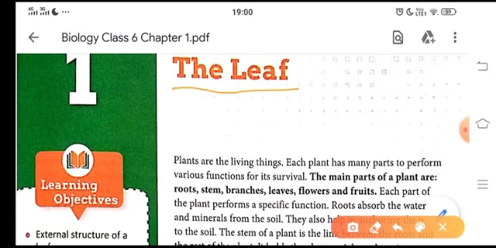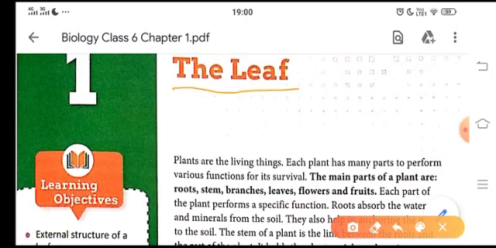Children, as you must have known, on this earth two most important things are present. Those are animals and plants. Animals are living beings or living things. Similarly, plants are also living things.